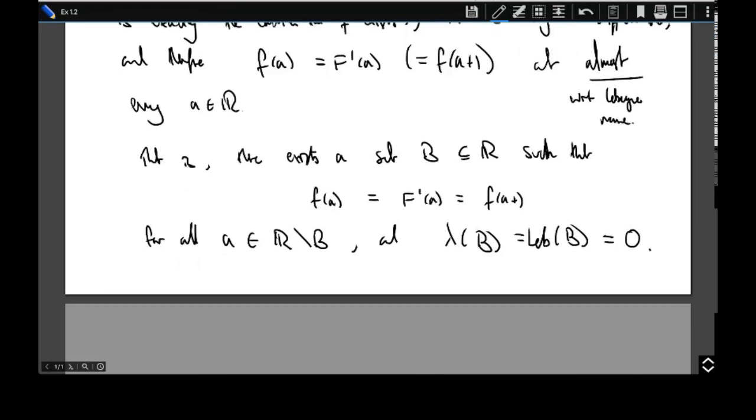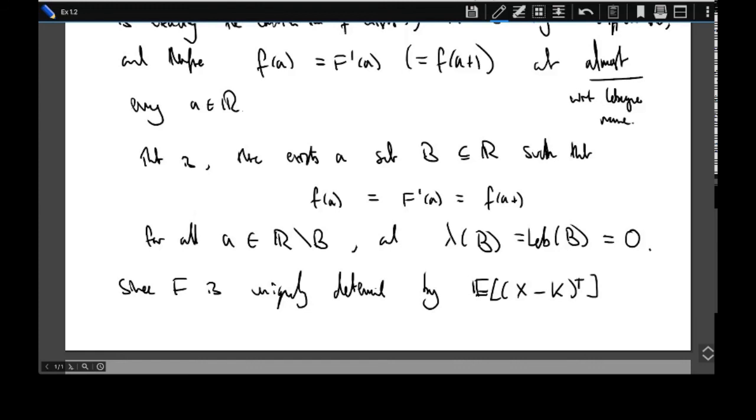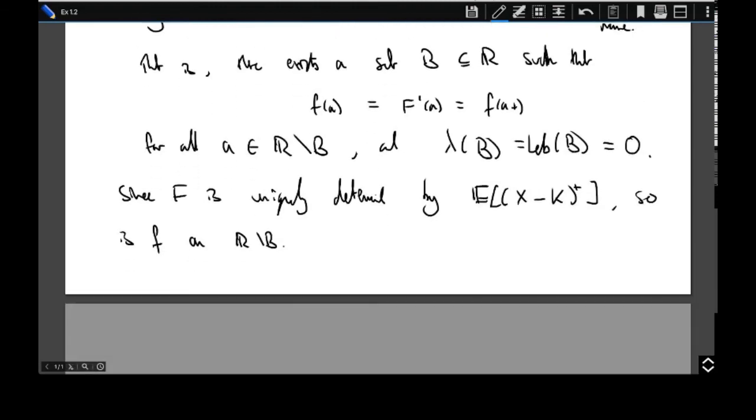And therefore, since capital F is uniquely determined by these expectations of (x minus k)+, which was what we just showed above, so is f on R minus B. So little f is uniquely determined by these expectations on the reals minus some Lebesgue null set.